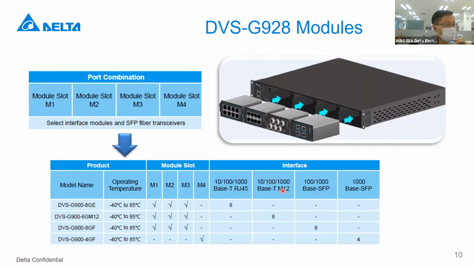And this M12 is a high IP protection and high anti-vibration type. This one supports 6-axis. We also support SFP, which is a fiber port. We have 8-port and 4-port versions for your reference.